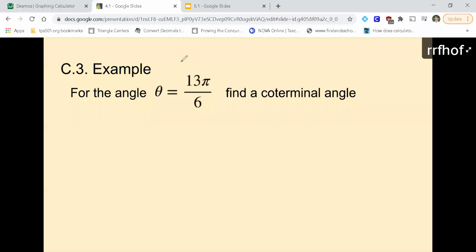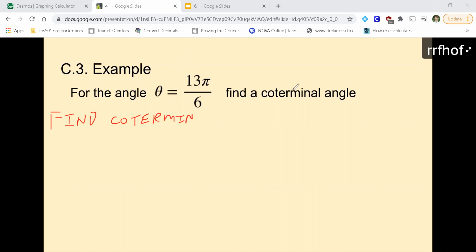They'll tell you to find a coterminal angle, either the next largest one, or a negative coterminal angle if I give you a positive, or whatever. So if I'm given this angle, 13 pi over 6 radians, and I want to find an angle that's coterminal with it, you already have this in your notes from today, but I'm going to write it again in case you missed it earlier.